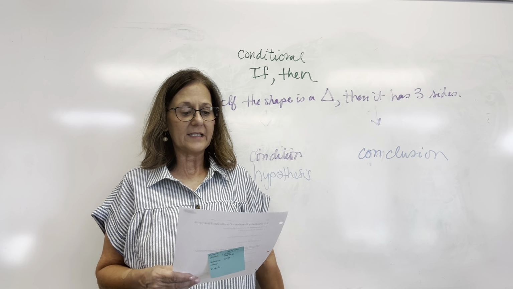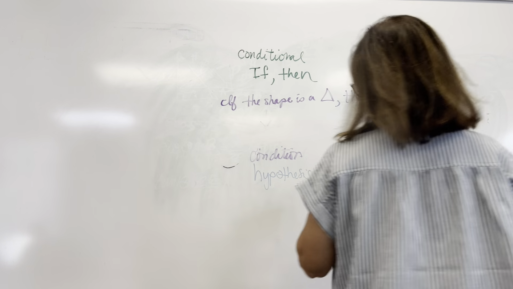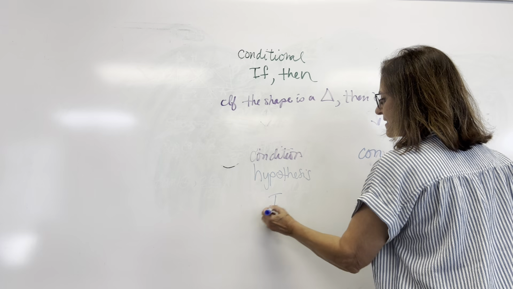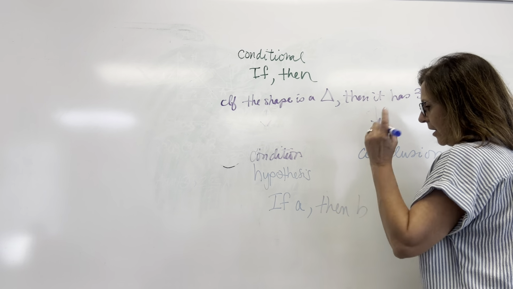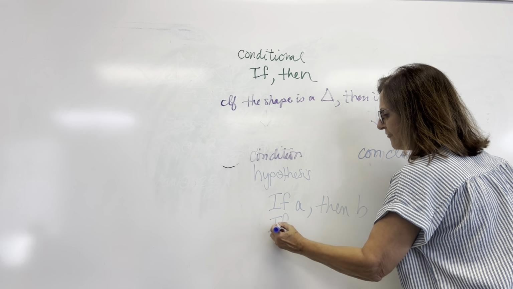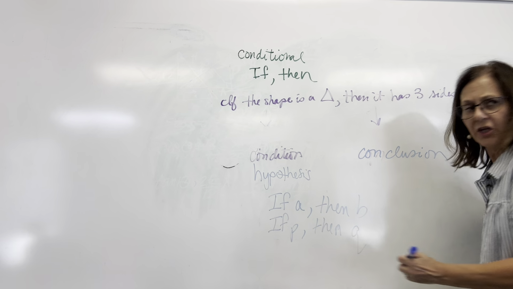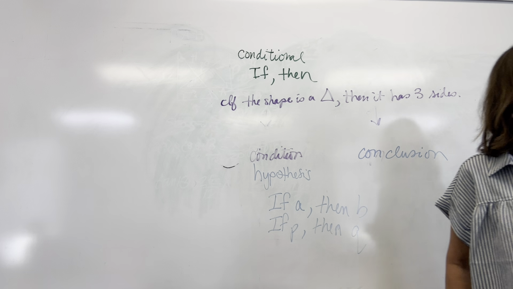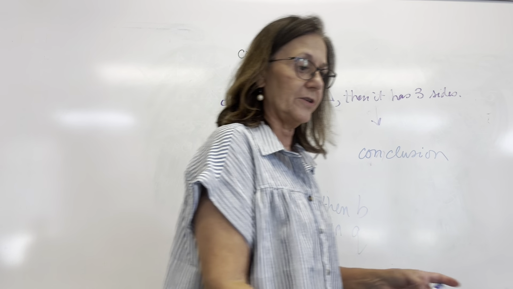If the shoe fits, then you can wear it. It's always if A, then B. Or if P, then Q, right? Y'all probably use P and Q. My markers are dying.